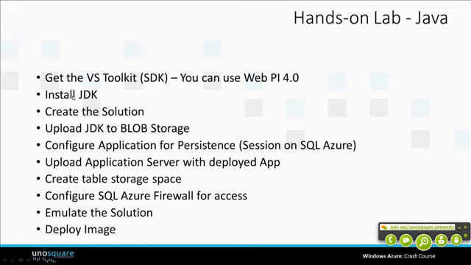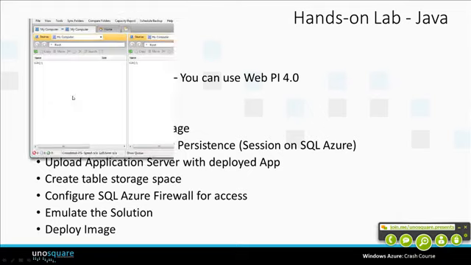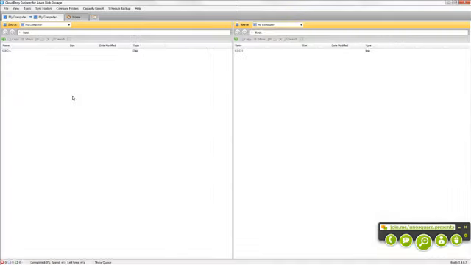I'm going to show you one of the blob storage tools, this is a Cloudberry Explorer for Azure Blob Storage. So what you would do here is just upload the zip file for your application server with your deployed application, deployed and configured.